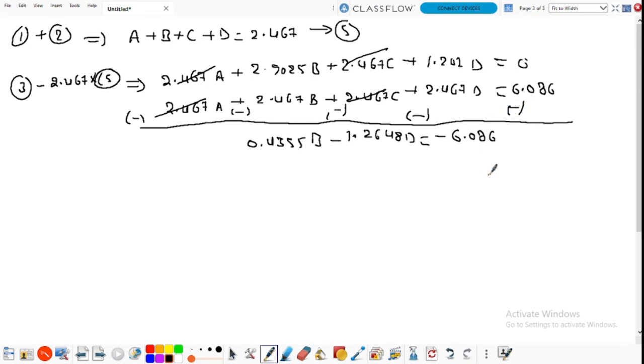This is considered as equation number 6.